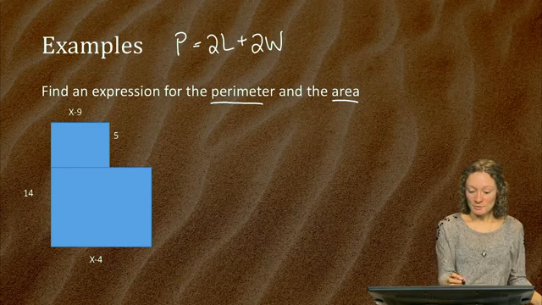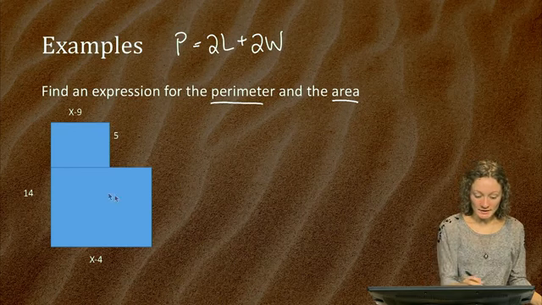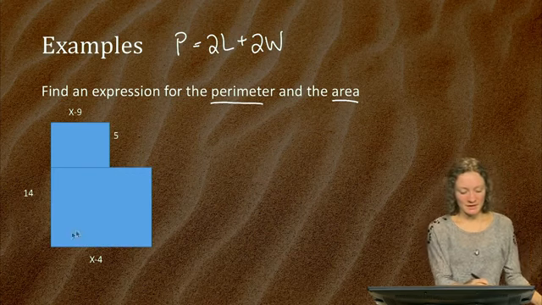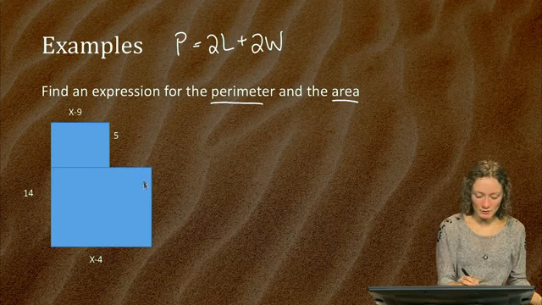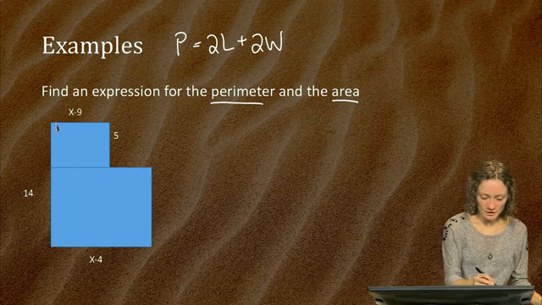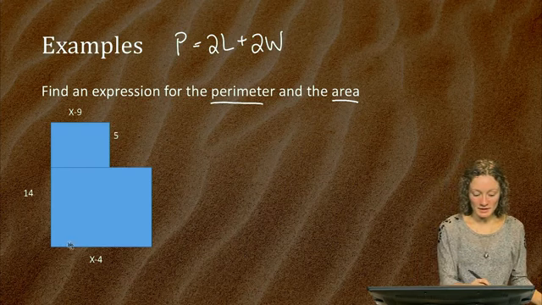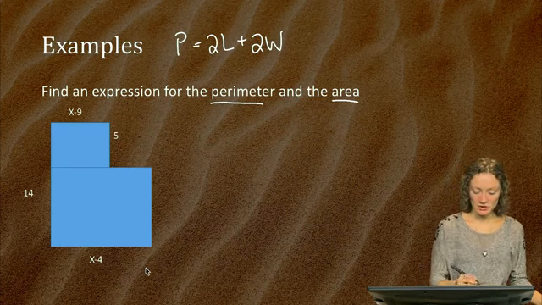Okay, perimeter of a rectangle works if we have specifically a rectangle. Since this shape is a little off of a specific rectangle, we'll have to use a little bit of a different tactic. So perimeter is the distance around the entire shape.